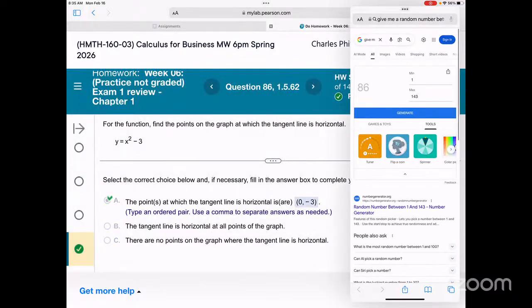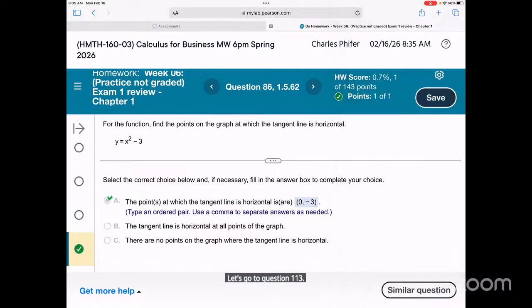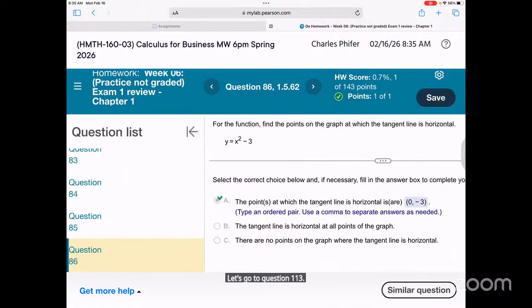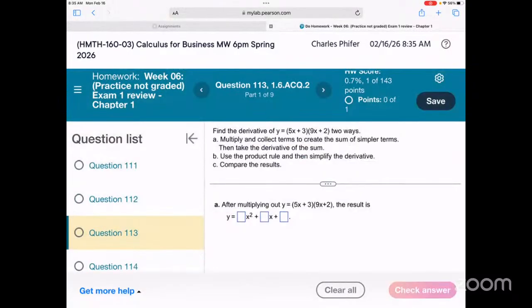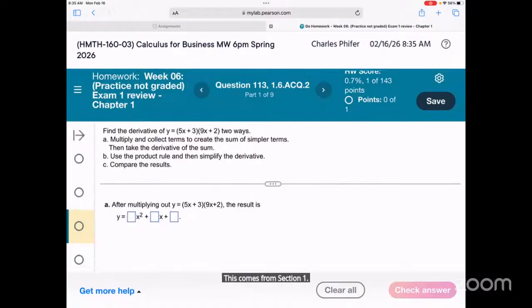Let's go to question 113. This comes from section 1.6. It says find the derivative in 2 ways. They're saying after multiplying it out, so they want us to expand it.